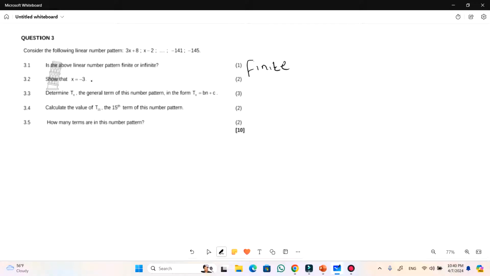It says show that x is equal to negative 3. As I said, you need to have the value of that x. They have already told you that the value of x is negative 3. Let's solve it here. x plus 8, 2x minus 2.